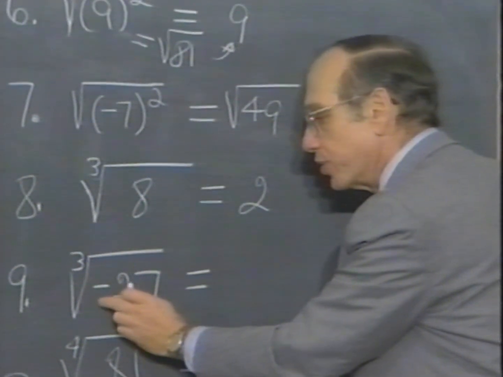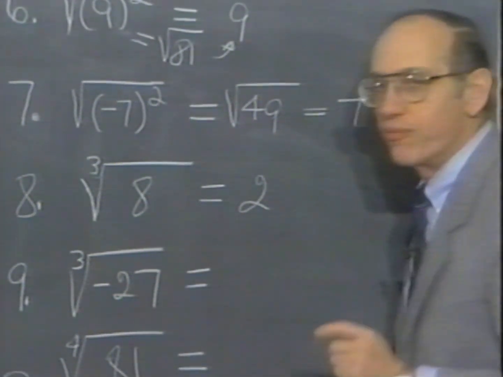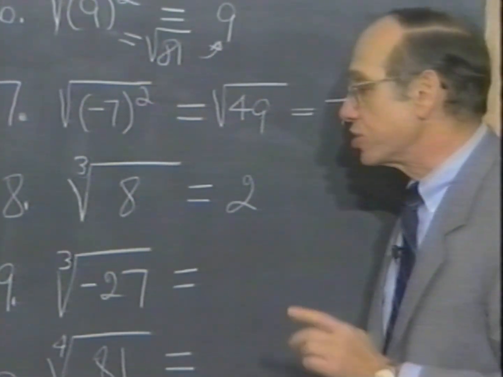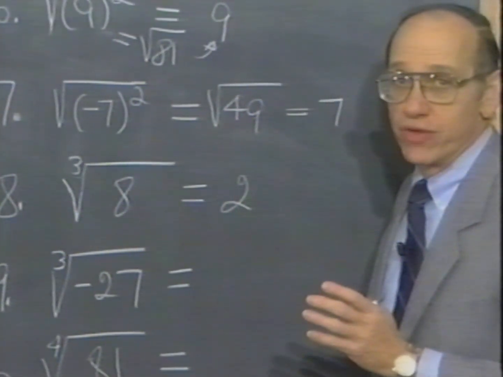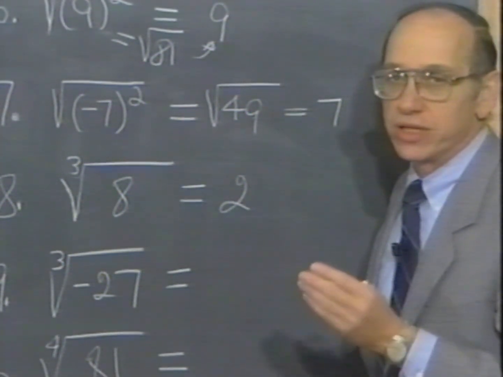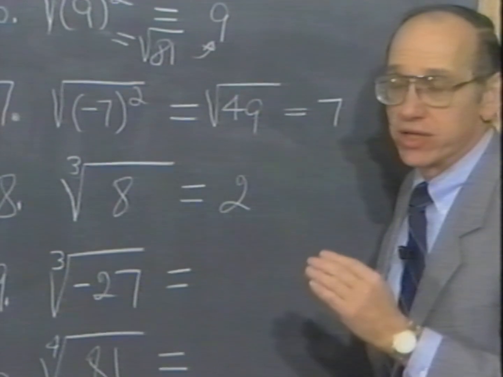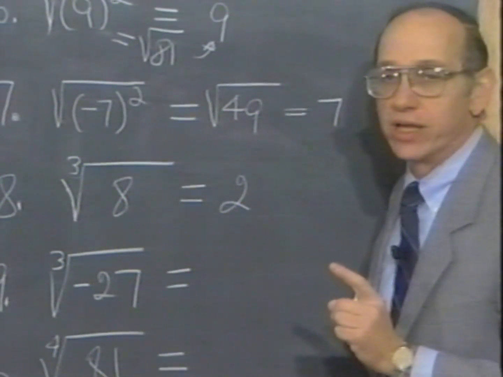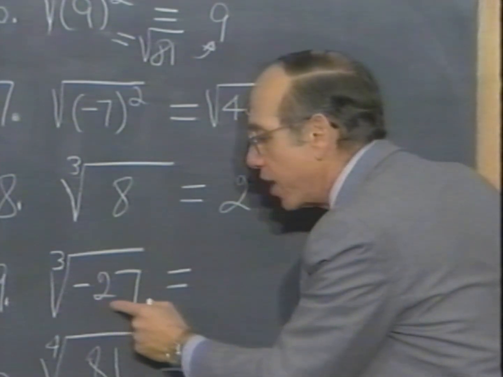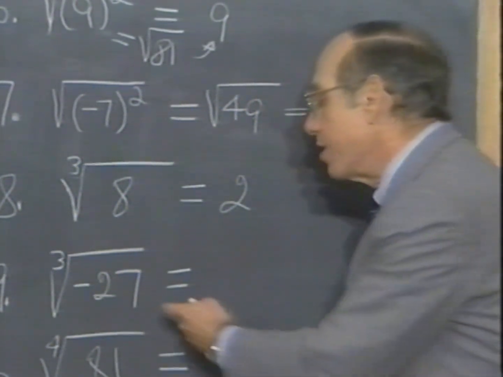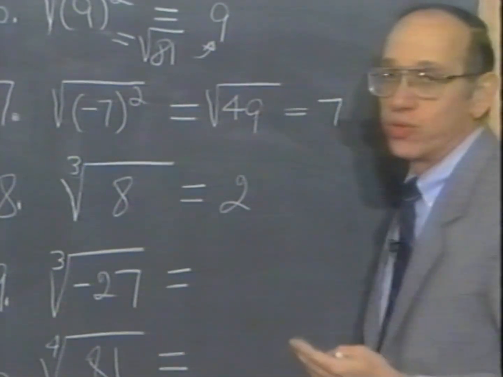In example 9, we have the cube root of minus 27. Now, you'll notice I never took the square root of any negative number. Square roots of negative numbers are handled in slightly higher level mathematics courses. But cube roots of negative numbers we can find, because here I need the product of three numbers the same that result in minus 27.